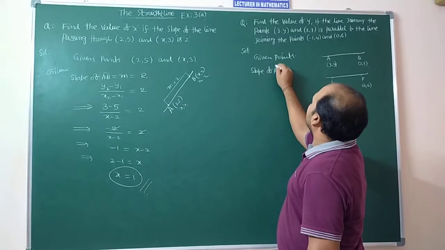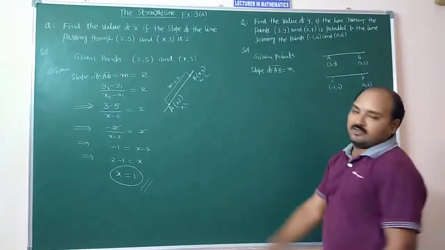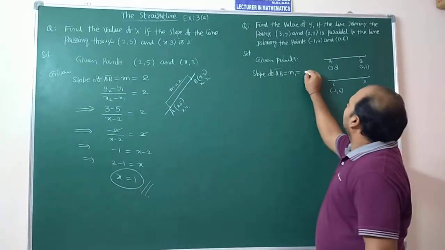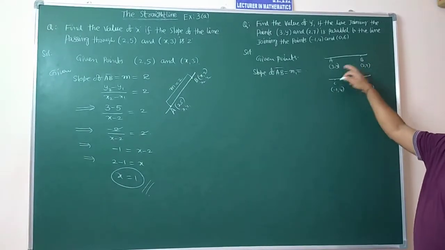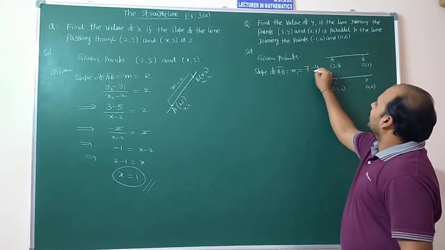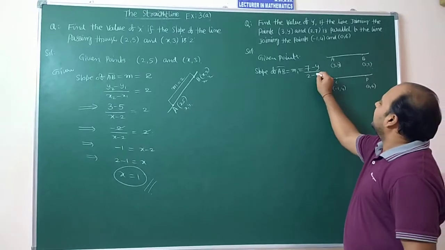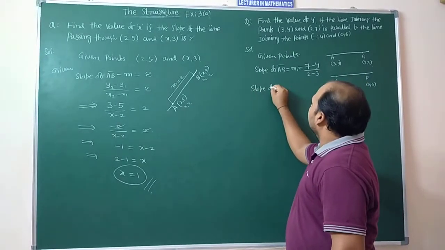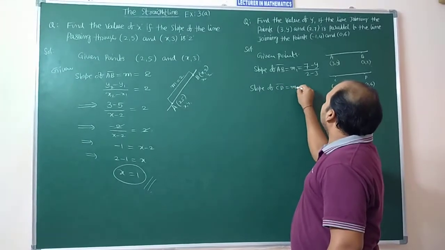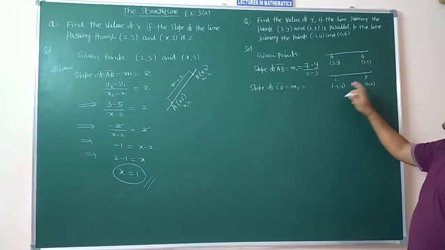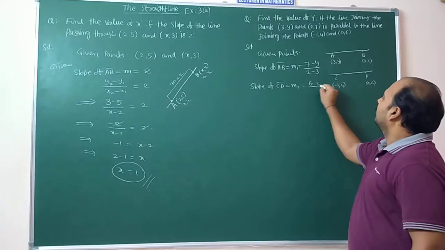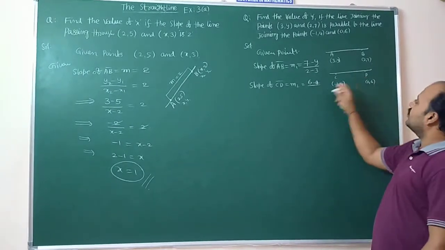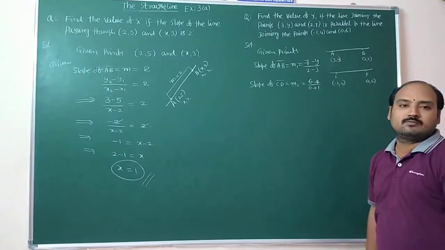Slope of AB, which I am assuming is m1, is y2 minus y1 by x2 minus x1, that is 7 minus y divided by 2 minus 3. Next, slope of CD, this is m2, is 6 minus 4 divided by 0 minus of minus 1, that is 0 plus 1.